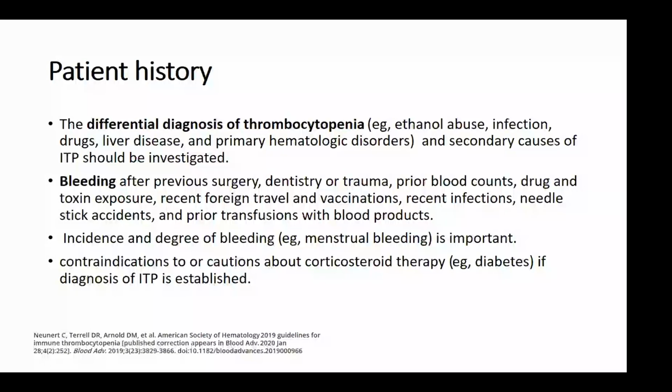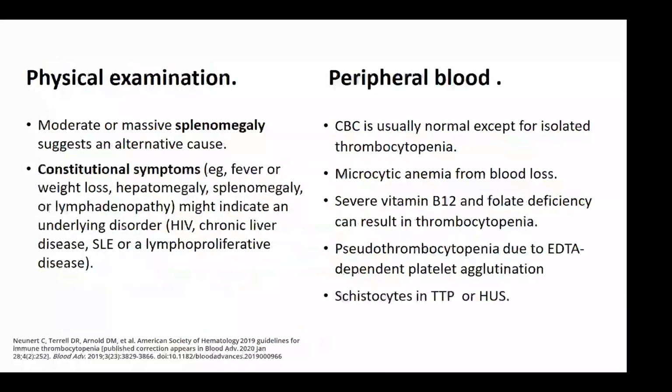The incidence and degree of bleeding should be assessed, and you should take history regarding contraindications to corticosteroids before establishing the diagnosis and before commencing any treatment. Physical examination is very important. If you find moderate or massive splenomegaly, you should think of an alternative diagnosis, because spleen size in ITP is usually normal.